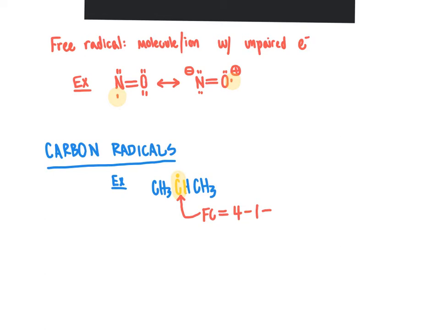The number of covalent bonds there is going to be 3 because there are 2 bonds that connect that central carbon to other carbons, and then it also has that hydrogen that is directly bonded to that carbon as well. So our formal charge here is 0, but still, due to the fact that there is that unpaired electron, this is a relatively unstable carbon, or a carbon radical is the term that we can use to describe this carbon that has an unpaired electron.